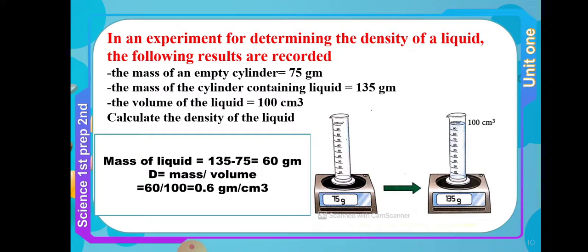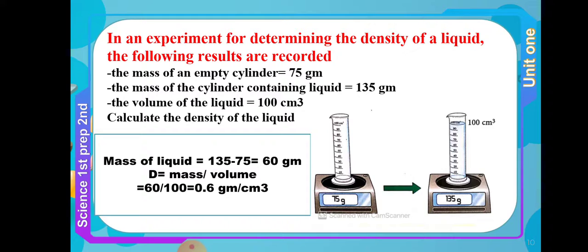For example, if I have an empty cylinder, its mass equals 75 gram, and its mass when containing a liquid is 135 gram. So the mass of the liquid equals the mass of the cylinder containing the liquid minus the mass of the empty cylinder.